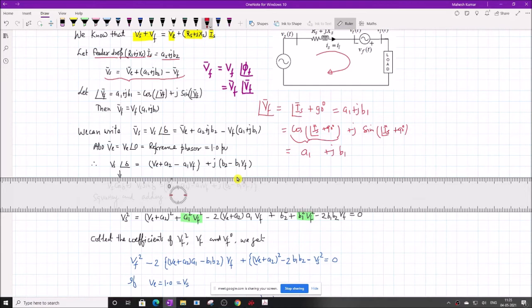This also has a property that A1 squared plus B1 squared will be equal to 1, because this is simply an angle exponential of j theta. So this is 1, as sine squared theta plus cos squared theta is equal to 1. So with these details we will expand this term.